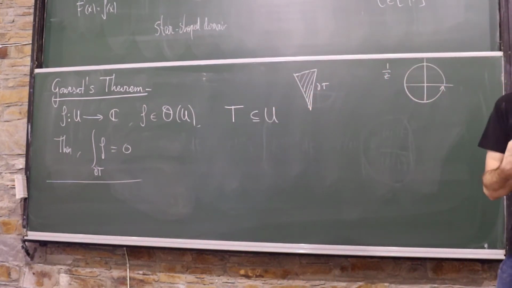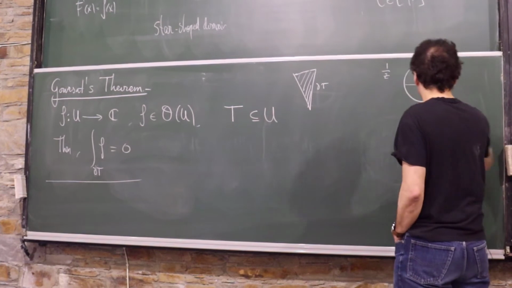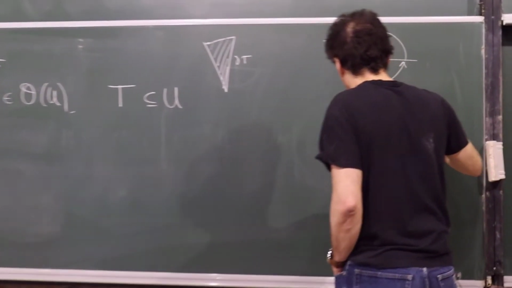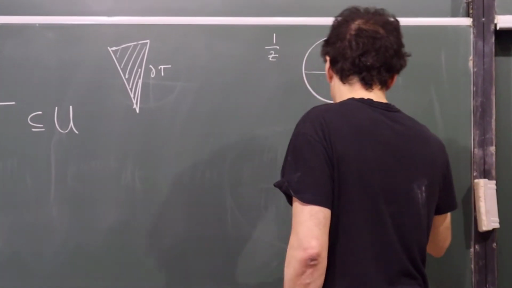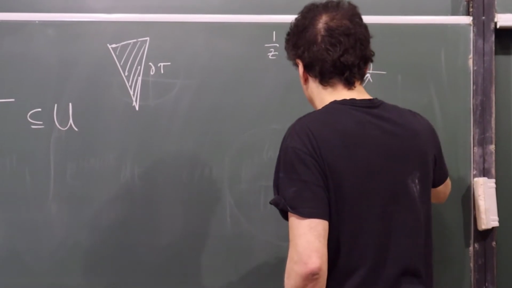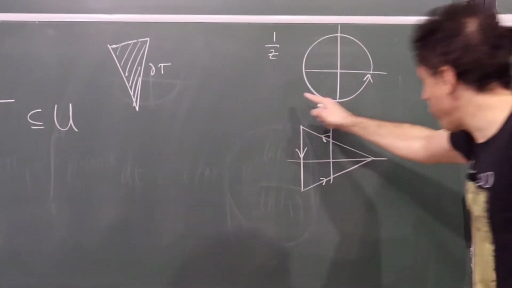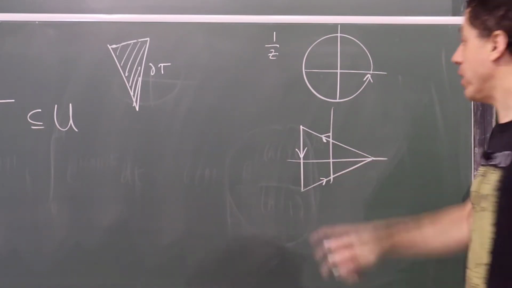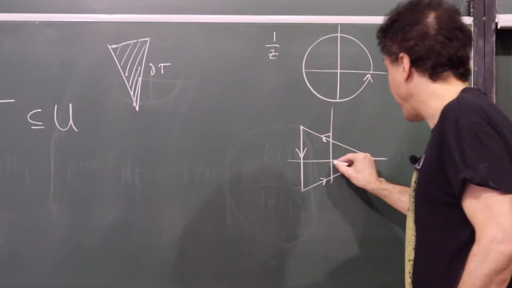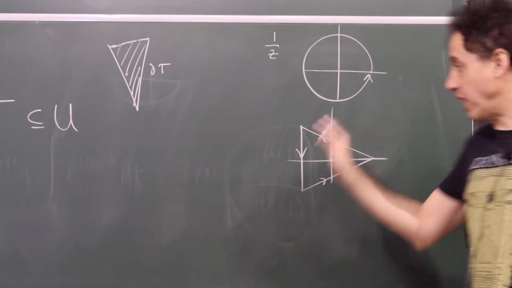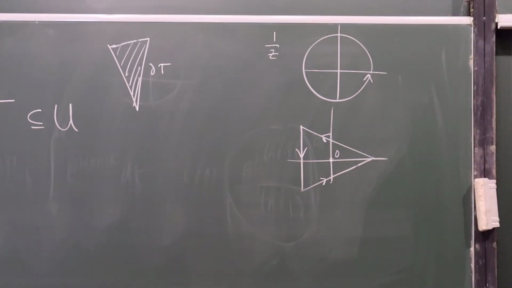If instead of taking this circle, we would have taken, for instance, something like this, a triangle here, assume we could have taken these 3 lines. Remember that this function is not defined at the origin. So the interior of the triangle is not contained in the domain in this case.